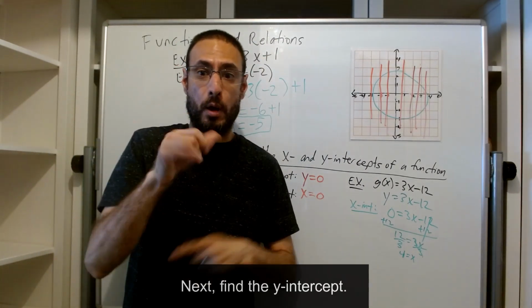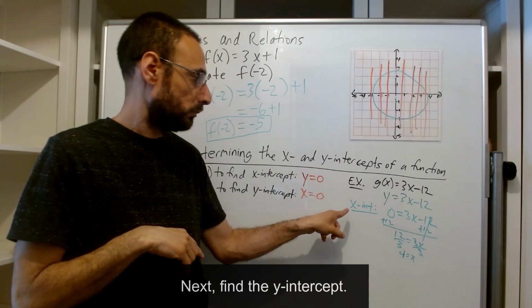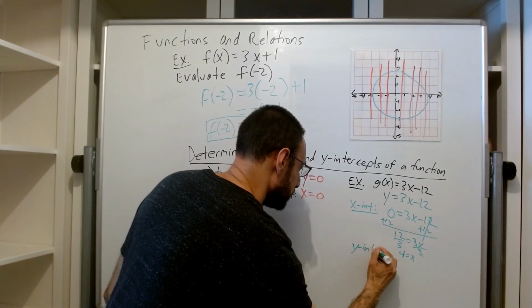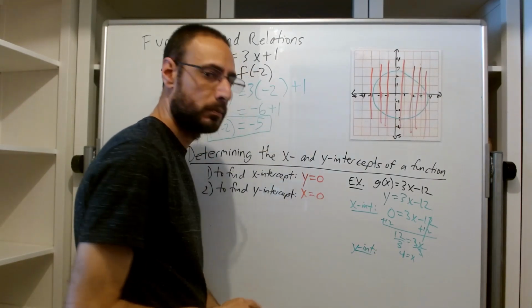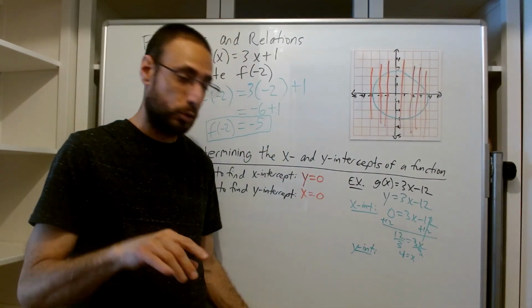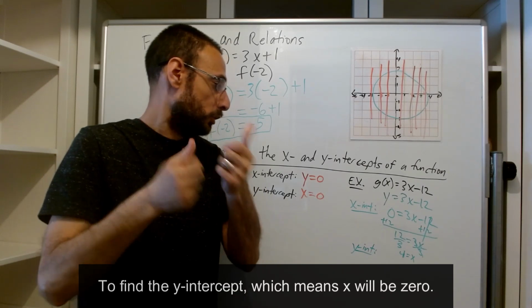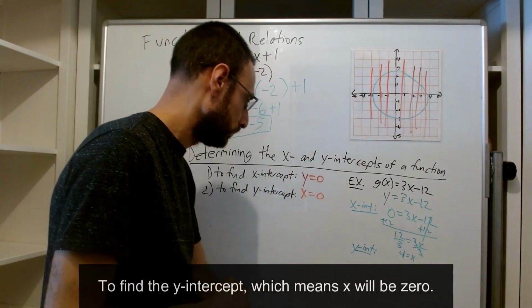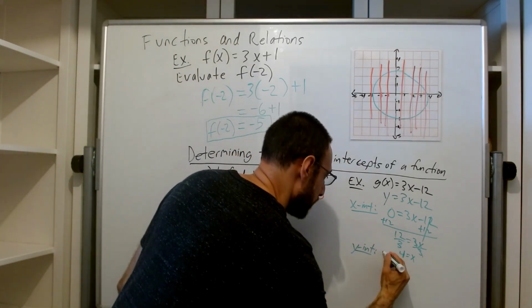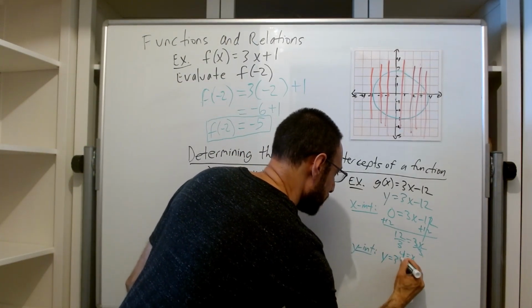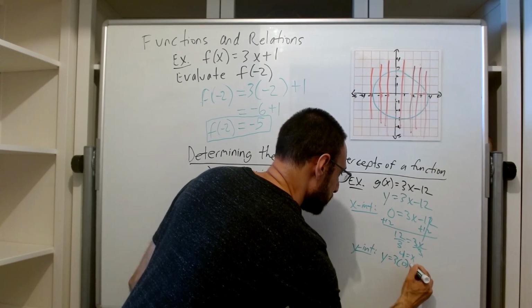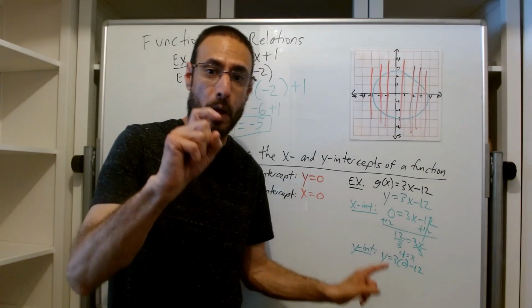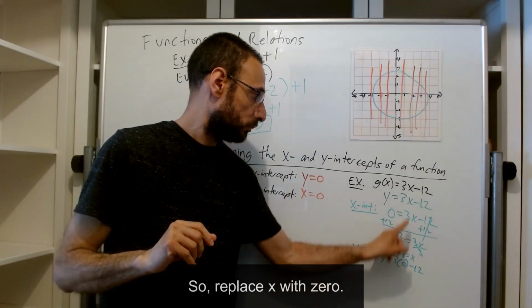Next, find the y-intercept. To find the y-intercept, which means x will be 0. So, replace x with 0.